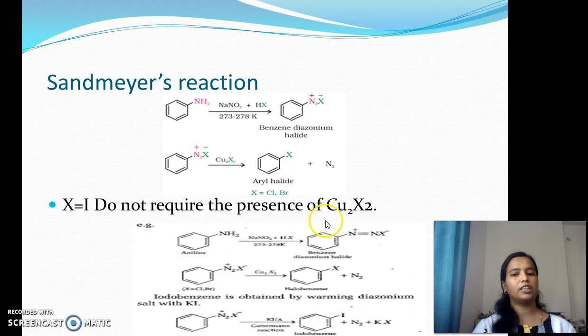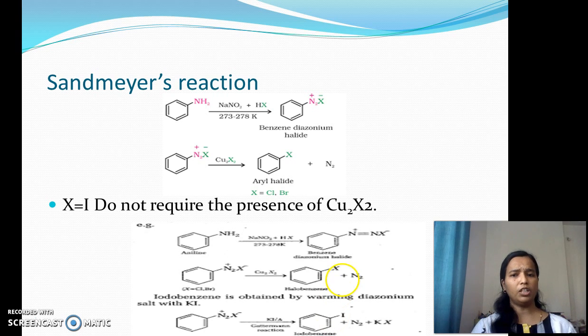But in the second step, you need not use copper halide. Instead, you can directly treat it with potassium iodide, KI. You will get an iodine atom substituted at the position of N2+X-. Here in this example, you can see iodine is replacing the N2+X-. So by this method, you can prepare aryl halides.